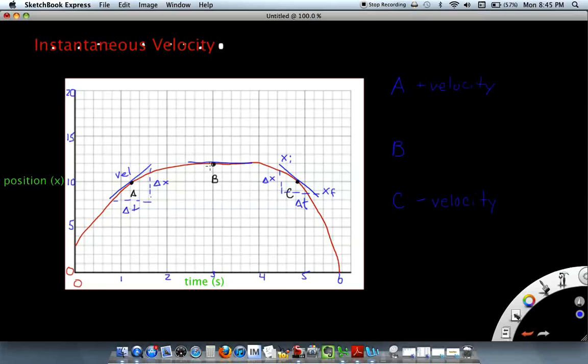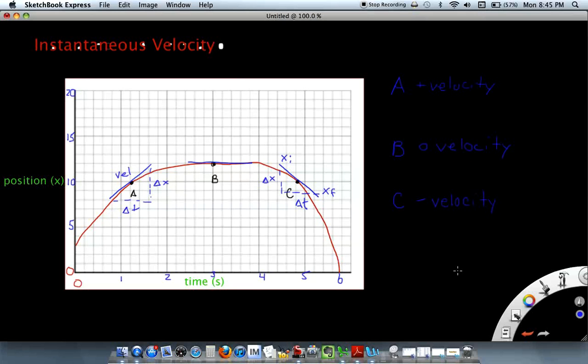And if there's no change in displacement, the velocity could be described as unchanging or zero velocity. So once again, a positive velocity, zero velocity, a negative velocity, and since I picked particular points, those could all be described as instantaneous velocities.